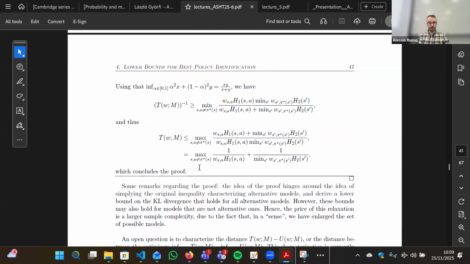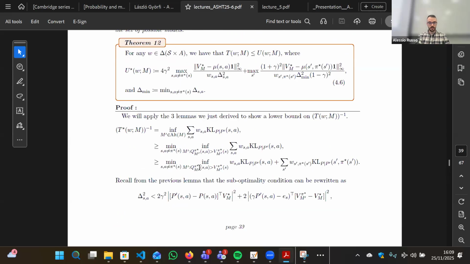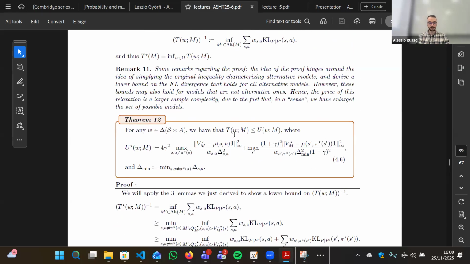So in the lecture notes, the result that we derived is this one, which says that the characteristic time for each W, you can see the definition of the characteristic time for a given W here, it's always upper bounded by this U. This is a relaxation.